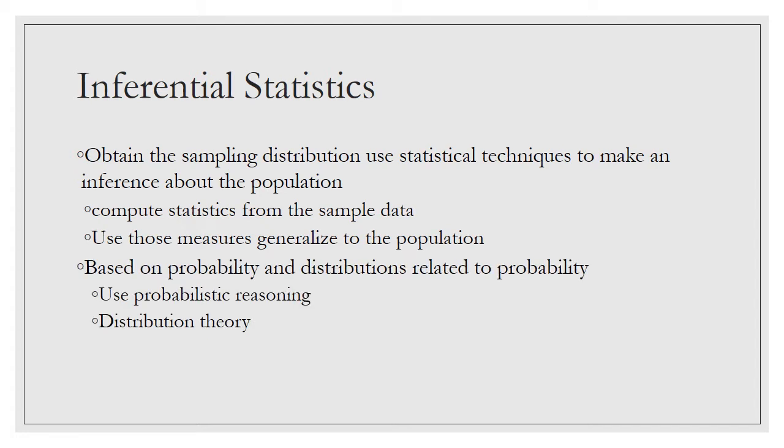Inferential statistics is based on probability theory and distributions related to those probabilities. We use probabilistic thinking, we use probabilistic reasoning, and the idea of underlying distributions or distribution theory. So in statistical inference, we build this process of using a data analysis to infer something, to suggest properties of some underlying distribution that might be connected to our population.